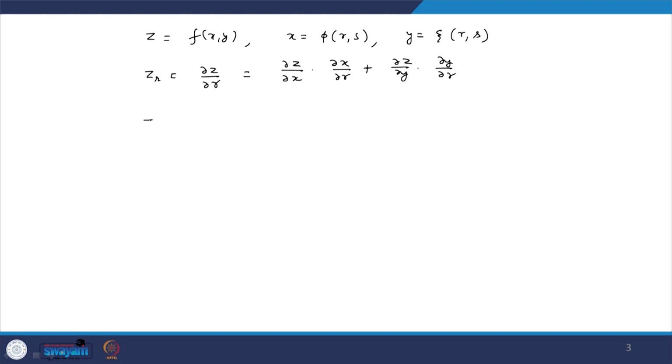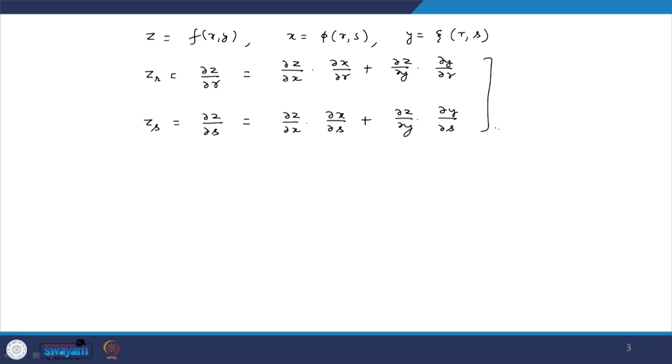And if you want to compute z s, which is del z by del s, that will be simply del z by del x into del x by del s plus del z by del y into del y by del s. So, this is how you can compute it.